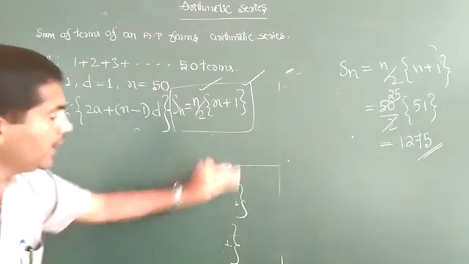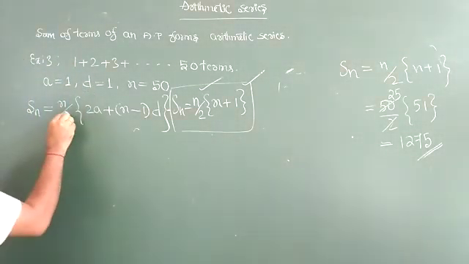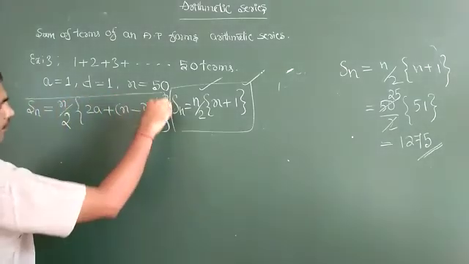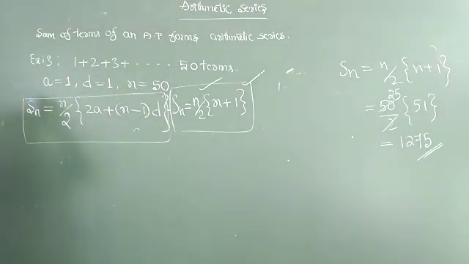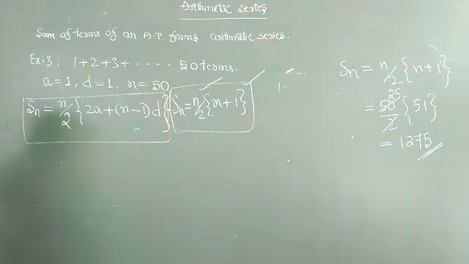As I was telling in previous classes, the formula I have here is a general formula. It is like a general doctor who can treat all ailments: fever, cold, headache, for everything he will treat you. That means this general formula is applicable for any arithmetic series.